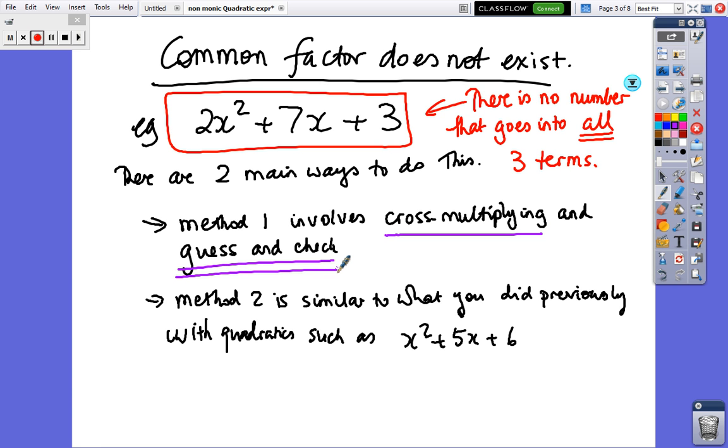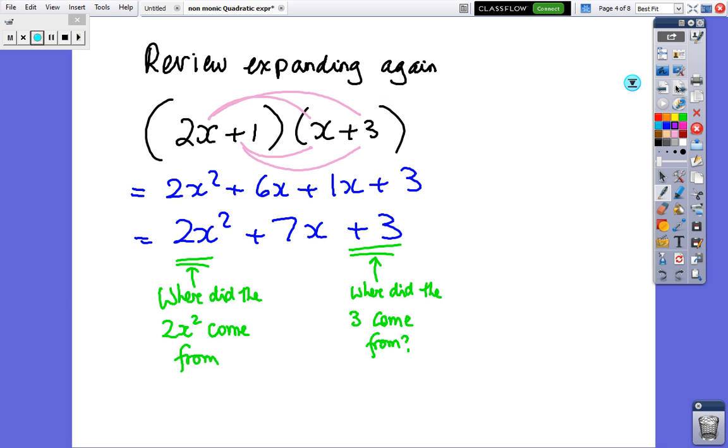So you don't get the answer straight away. But method 2 is similar to what you've just been doing, where you're looking for numbers that multiply to the back and add to nil. So I'll show you both ways, and then you get to choose which way is best for you. Come to the next slide.